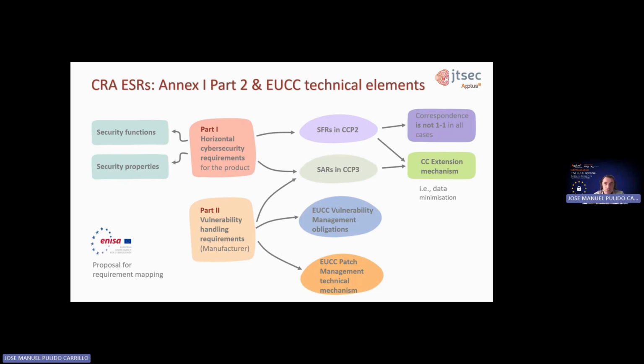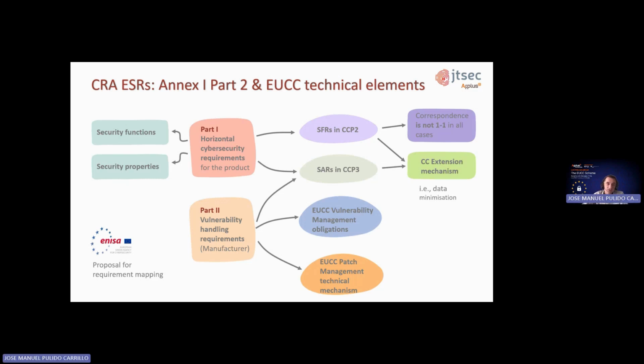So if it's possible to establish an equivalence between the requirements in the CRA, which are horizontal ones, and the requirements included in the scope of the EUCC certification, then potentially we could conclude that the EUCC provides a proof that the requirements in the CRA are met by the certified product, because there has been a third-party evaluation carried out by a CAB ITSEF where the demonstration of compliance with those equivalent requirements has been carried out.